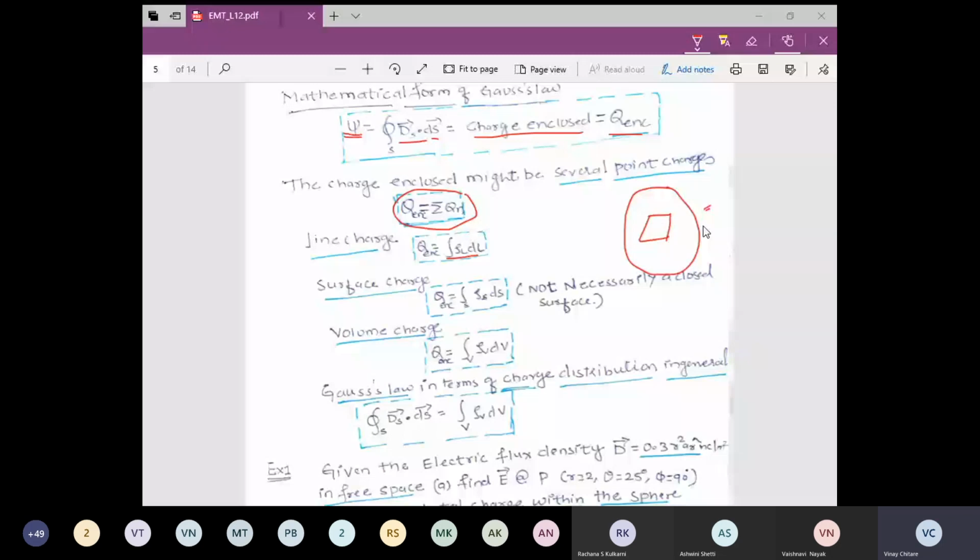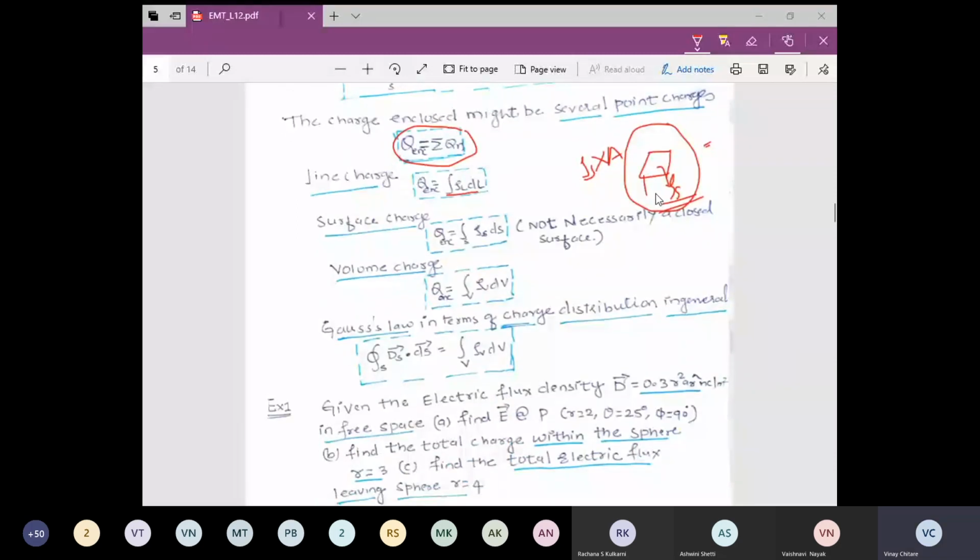If this charge density is uniform, we can find the total charge, which is equal to rho s into the area of that particular surface. If it is not uniform, then we can use the integral of rho s into dS.